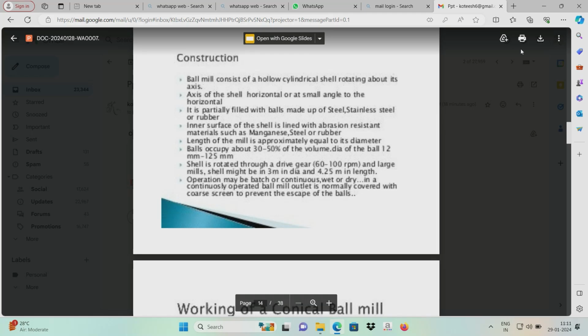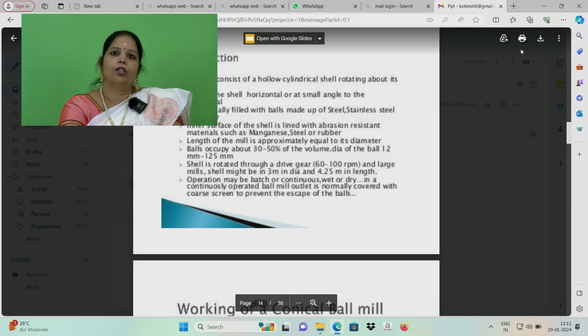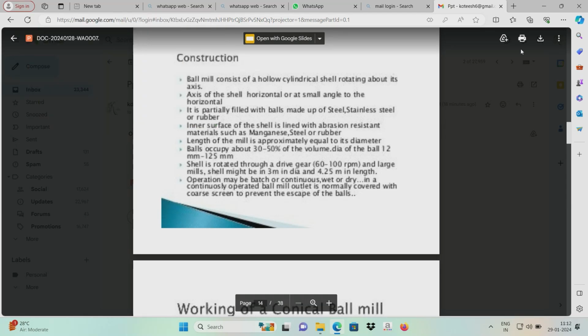The rotation is measured in RPM, rotations per minute, at 60 to 100 RPM, and large mill shells might be 3 meters in diameter and 4.25 meters in length. This operation is continued until the material is taken to the powdered form.